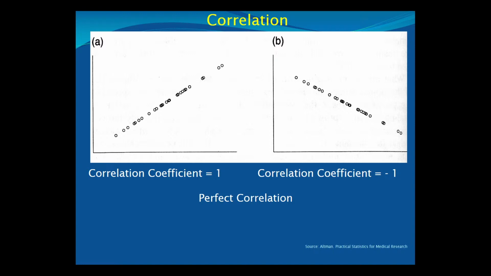All points are allocated on the invisible straight line, but all points go downwards. So this is an example of perfect correlation. Perfect correlation means that in these examples we have a linear relationship between two variables, or a functional linear relationship.